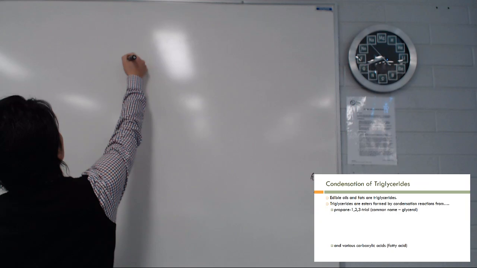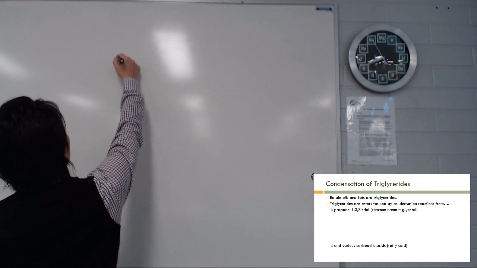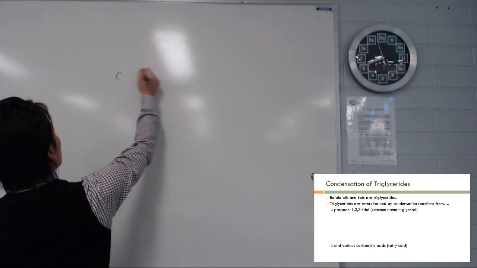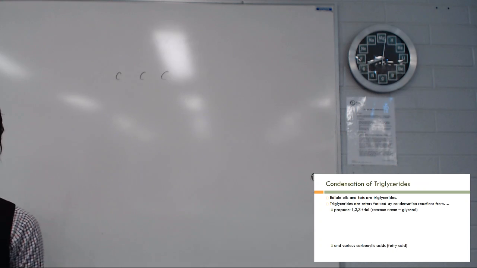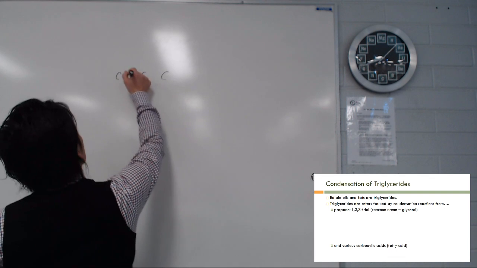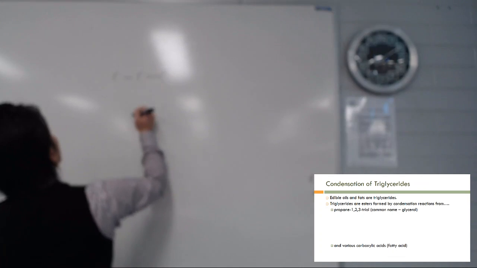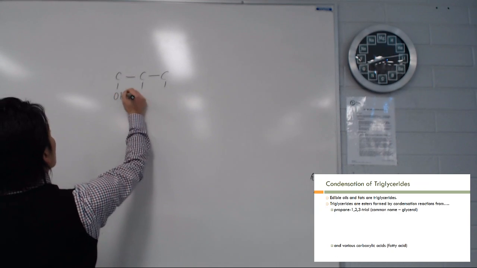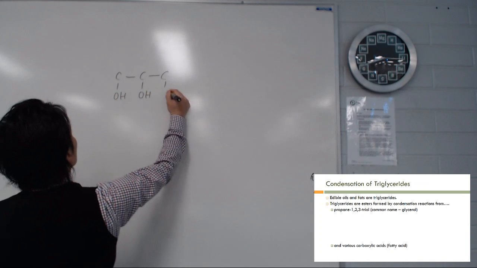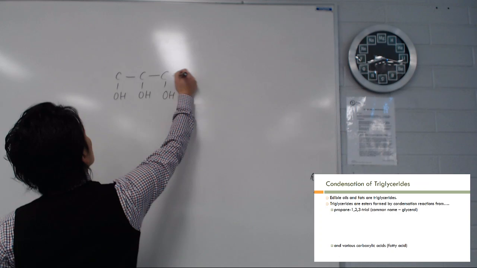So hopefully you're thinking of the propane, the 3 carbons attached to each other. It's propane, so there's no double bond between them. First, second, and third one, there should be hydroxyl groups attached.